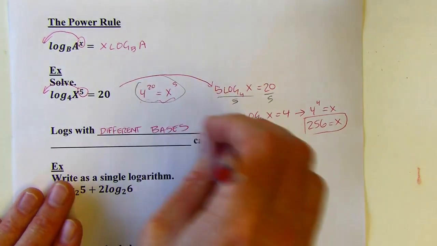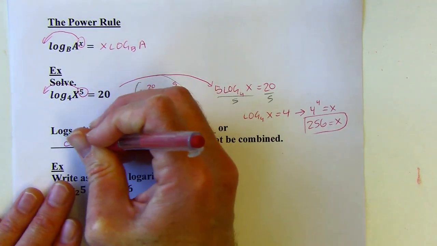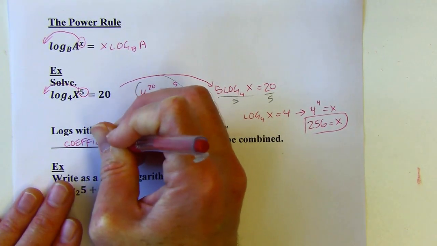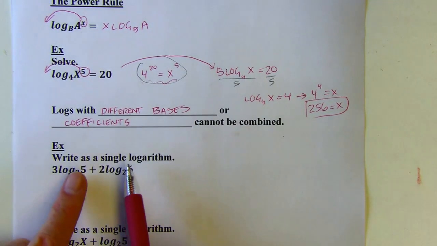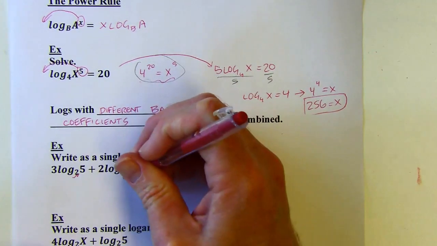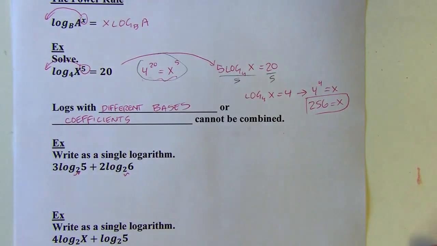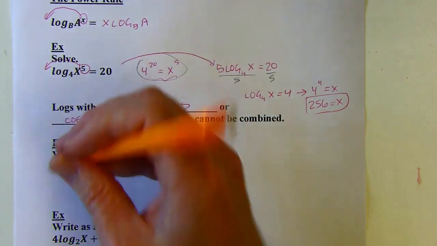So logs with different bases or with coefficients, whether they're the same or different, can't be combined. Okay, so looking at this next, this says write as a single log. Now they have the same base, so that's good news, but the bad news is they have the coefficients. Okay, so we can combine these, but we have to mess with them first and get rid of those coefficients.